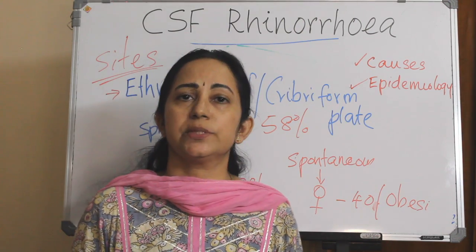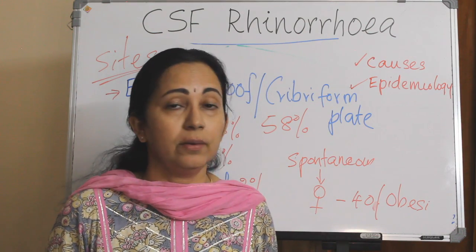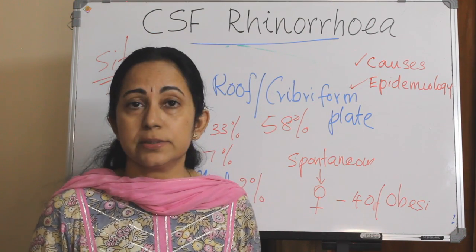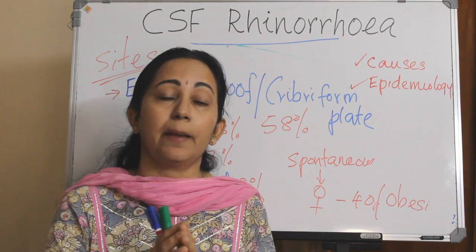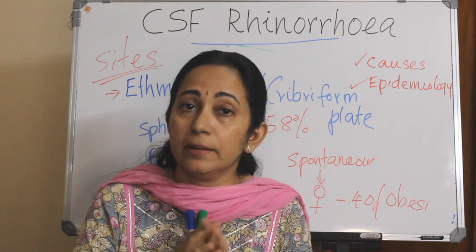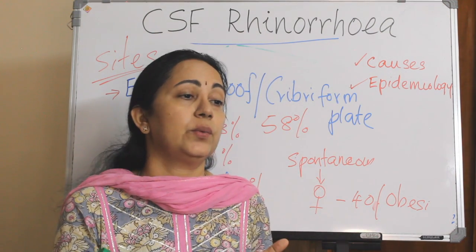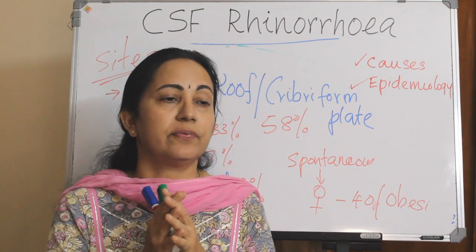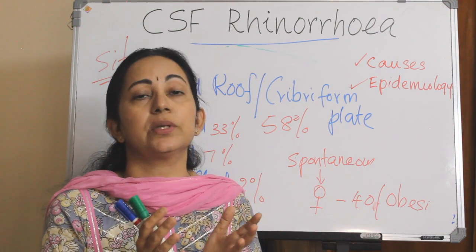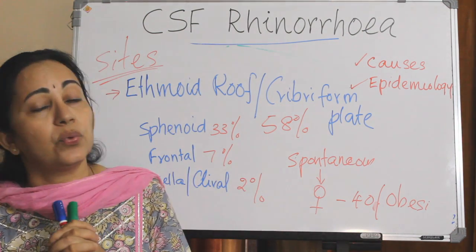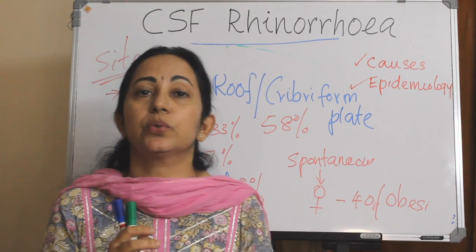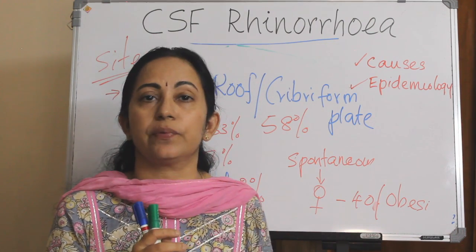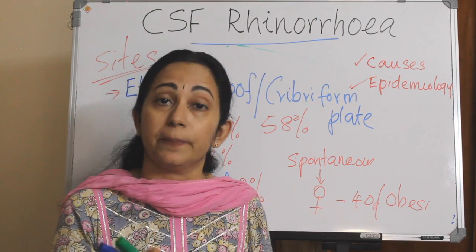So why are we so bothered about the CSF leak? One, because the brain parenchyma is happily resting in an area filled with a fluid cushion. Because of the CSF filling the areas around the brain, it rests on a fluid cushion. So if this cushion is lost, there is a chance of direct trauma to the brain parenchyma.